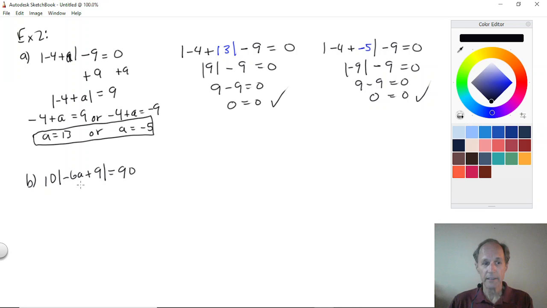So what we do is we need to get rid of the 10, right? Just as we got rid of negative 9 up here, this 10 is something extra other than just the absolute value function on the left, so we need to get rid of it because we need to isolate the absolute value. So we divide both sides by 10.